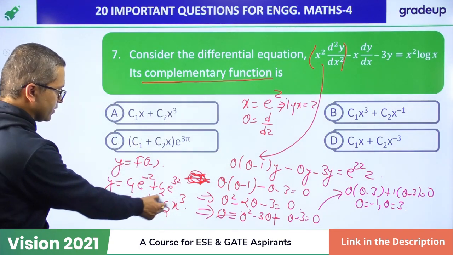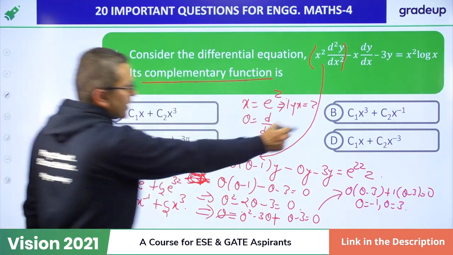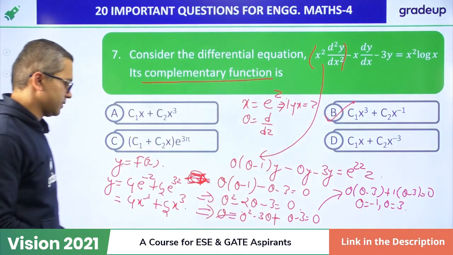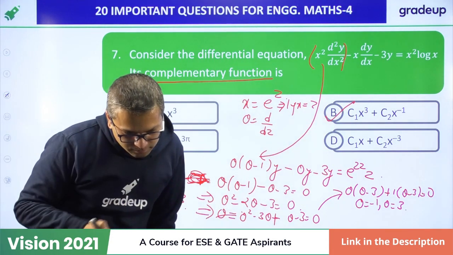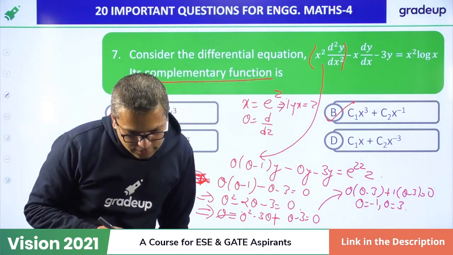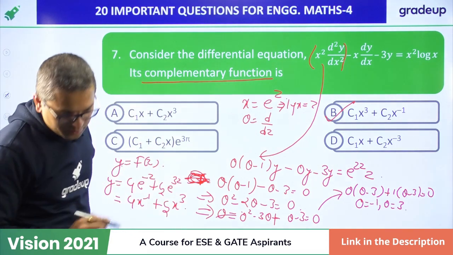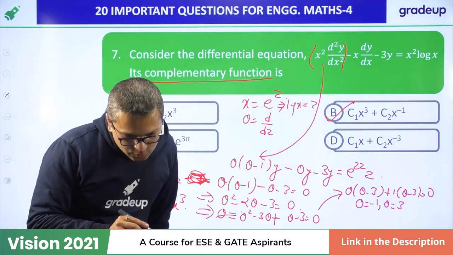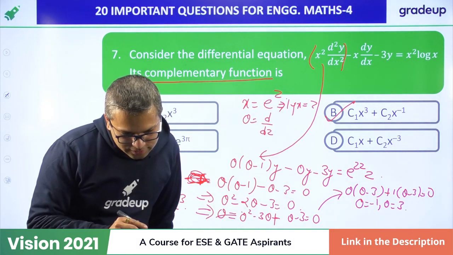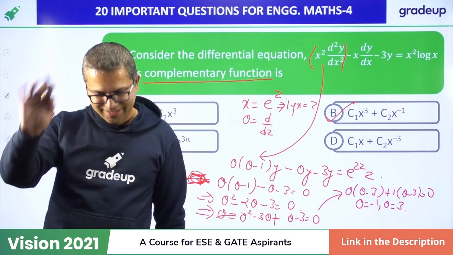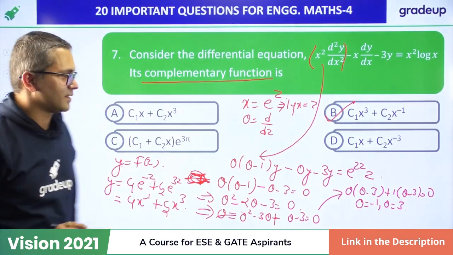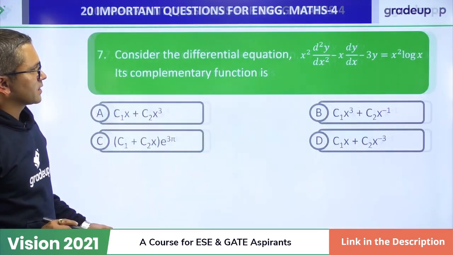So c1 x cube plus c2 x inverse, this is an option of it, obviously. So option b. Whosoever said b, Suraj, Amrut, Kundan, yeah, so you got it correctly. All right. So congrats. Okay, next one.